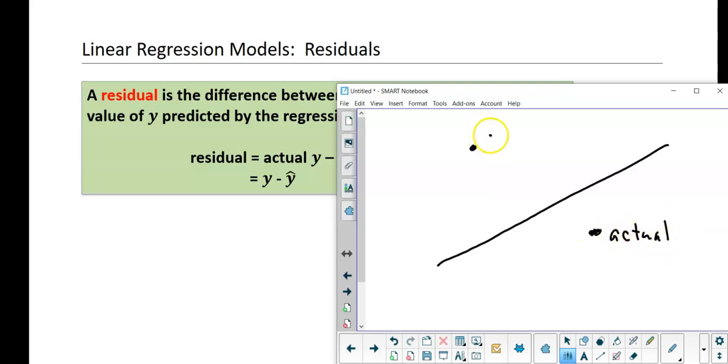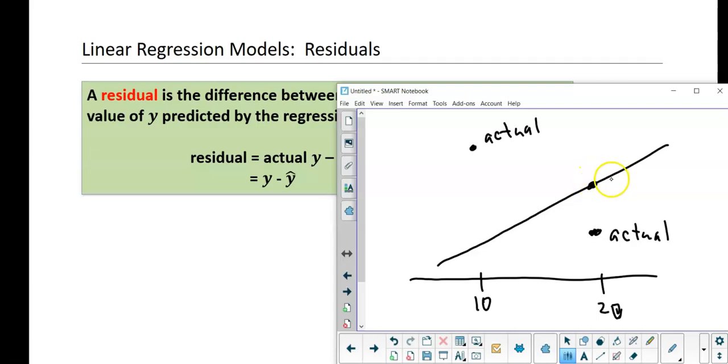They're actual data plots, actual points from the data. Given a certain x value, let's just say the x value was 20 for this one and maybe 10 for this one. Given those x values, we could use the line to make a prediction. In other words, I might have predicted this point when x is 20 would be the predicted point.